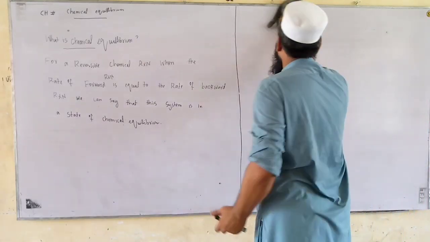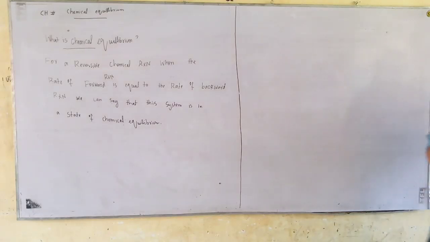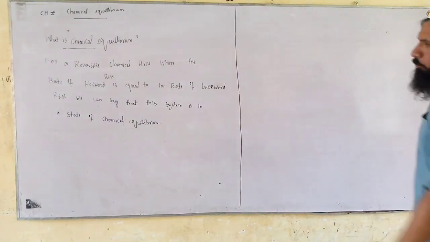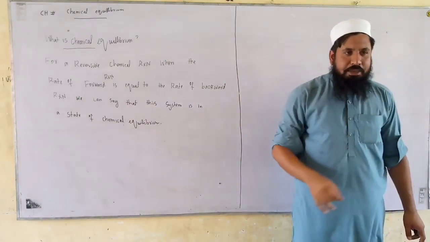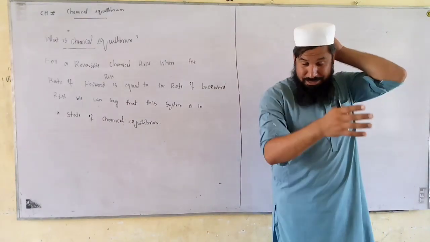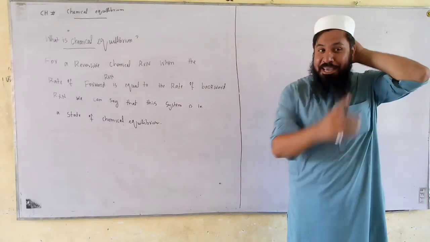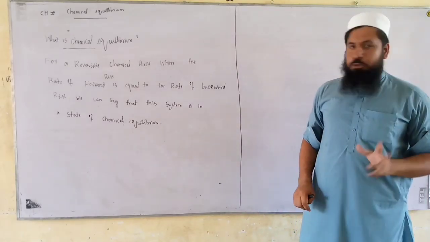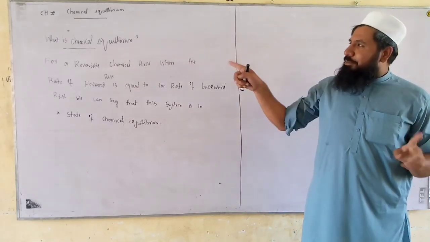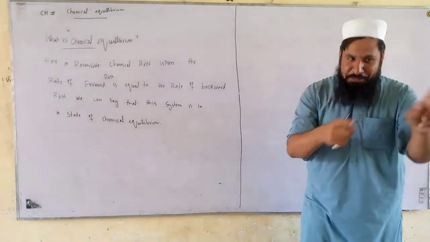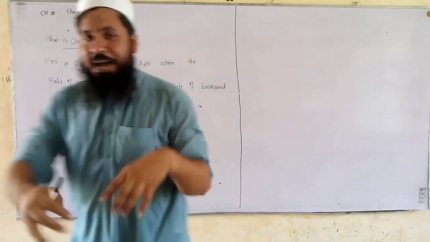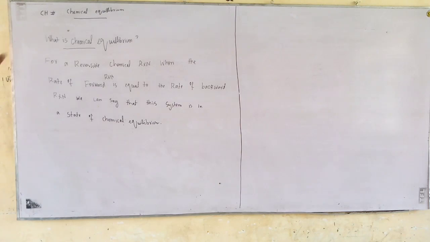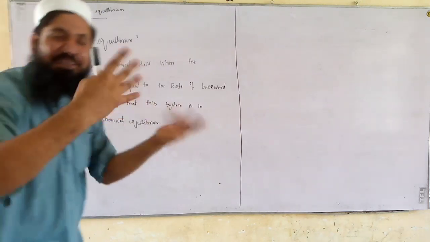Now, I asked you what is dynamic equilibrium, and you told me, sir, chemical equilibrium is a dynamic equilibrium. ये बात आपने बताई ना. Now I will explain कि किस तरह chemical equilibrium एक dynamic equilibrium है.